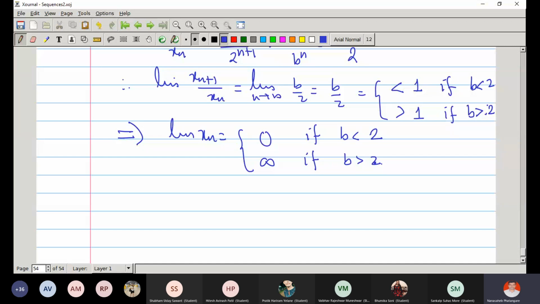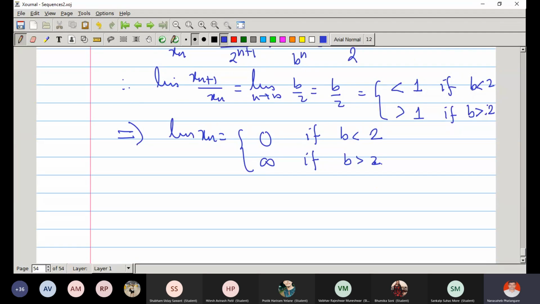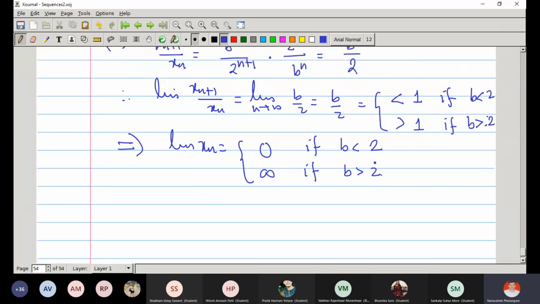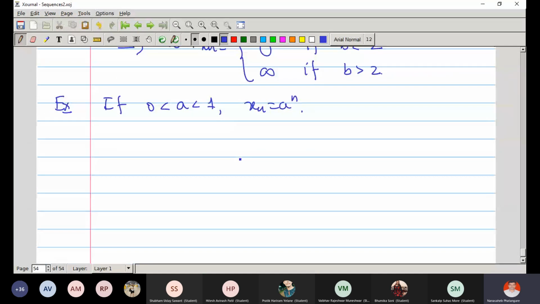Therefore, this is a more general problem, because for all possible b's you can understand when the limit is 0 from this, correct? So here the ratio test is applicable. If 0 is less than a less than 1 and xn is equal to a raised to n, this we already proved by two different techniques.